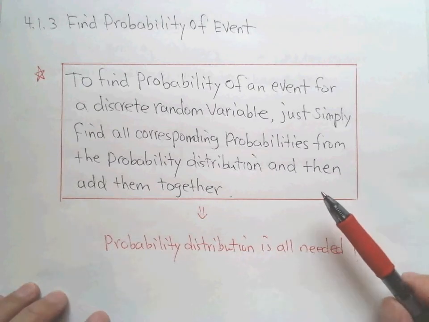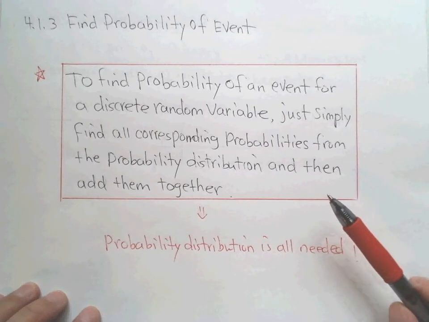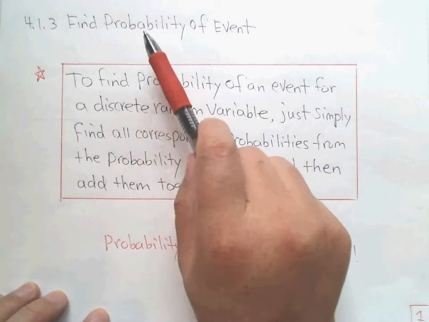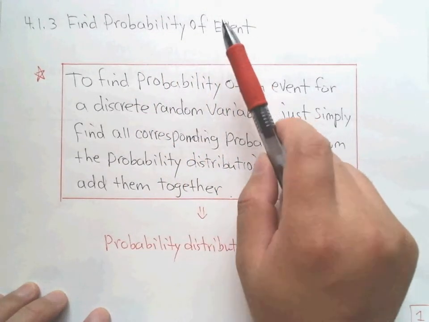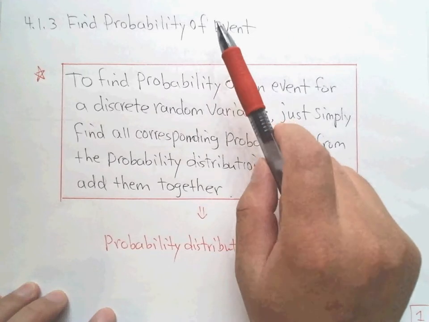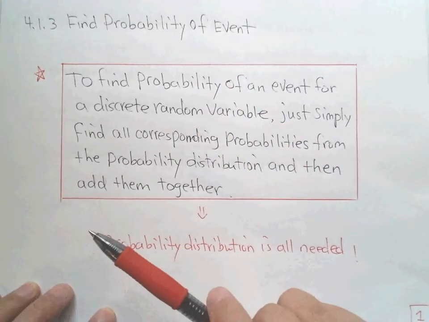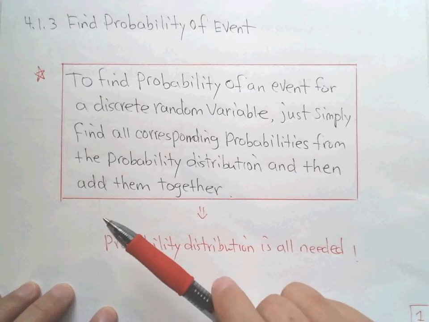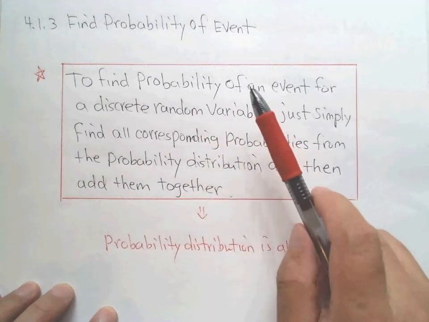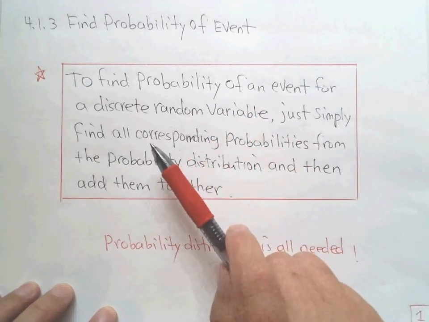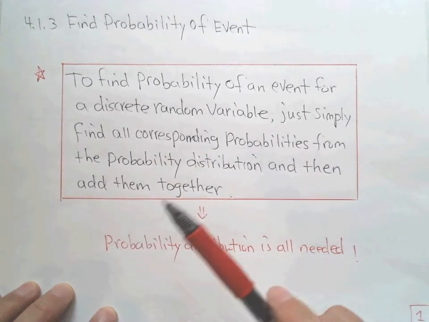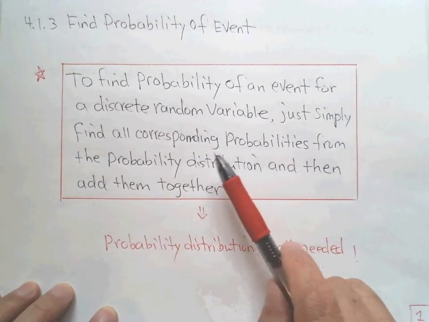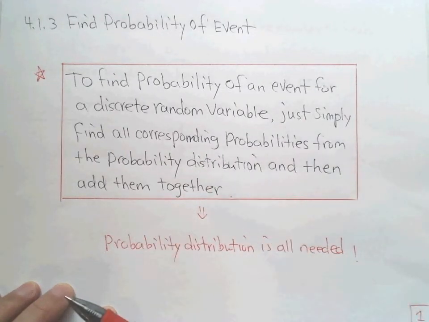In this lecture, I am going to show you how to find the probability of events from a probability distribution. If we have a random variable, the most important thing is to build the table, which we call the distribution table or the probability distribution. If we have that, how do we find the probability of an event?